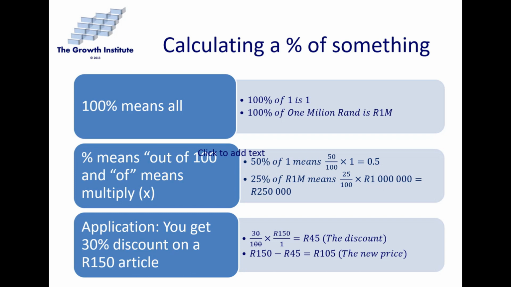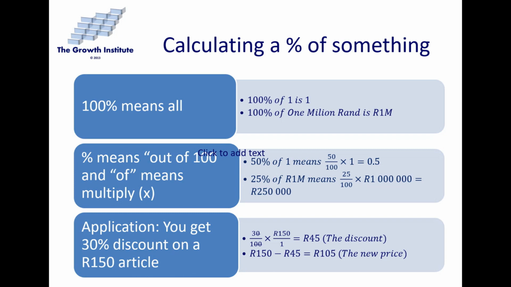You can never give 110% because if you are a runner and you give 100%, you are giving all. You can't give more than all. So 100% means all. Therefore, 100% of 1 is 1. 100% of 1 million is 1 million. 100% of X is X.